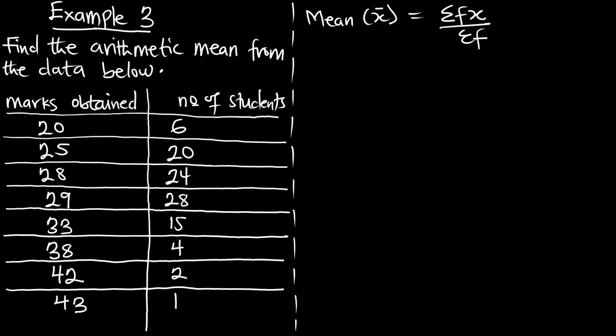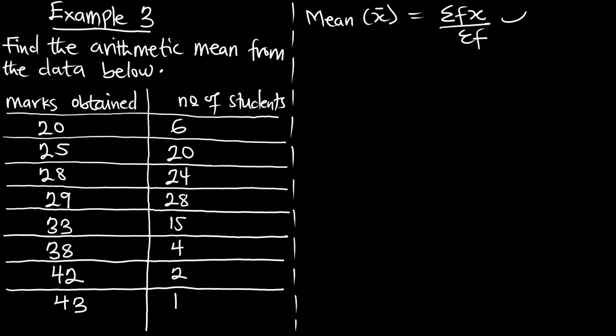F. Because we are using frequency to represent the number of students in a tabular form, this formula is very good to go by. So I'll try to work with the same table and look at how it will go. You can redraw this table, you can reproduce it, but for time's sake, I'll work with this same table.